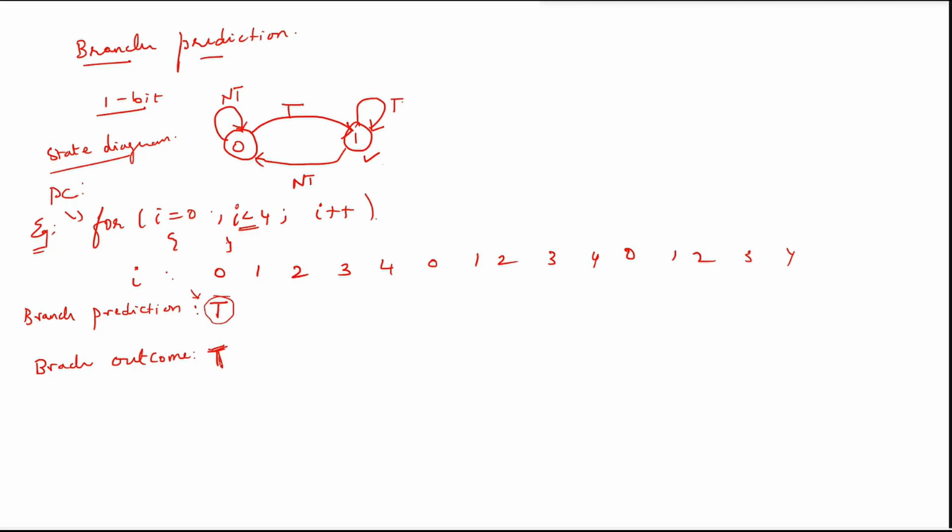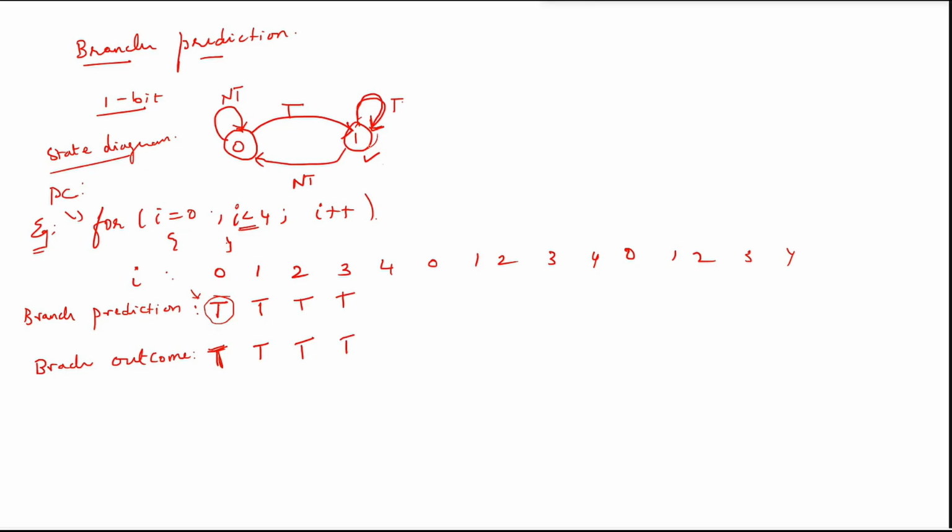For the next case, since it is taken, it is still in this state. Since it is in this state, it considers the branch is going to be taken, and the actual outcome is also taken. So the predictor is still in this state: taken, taken, taken, taken.